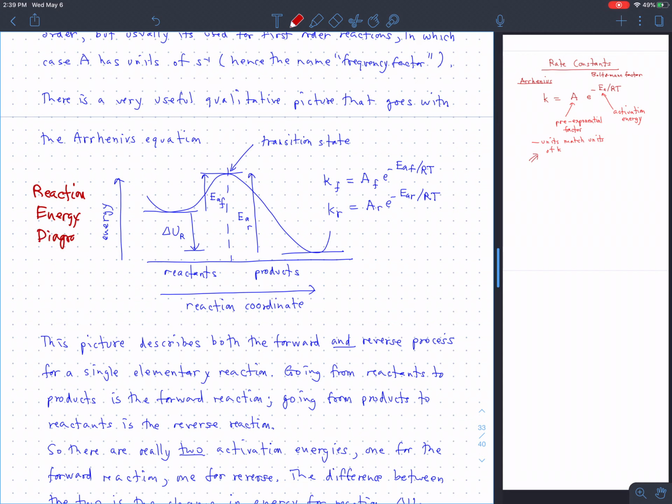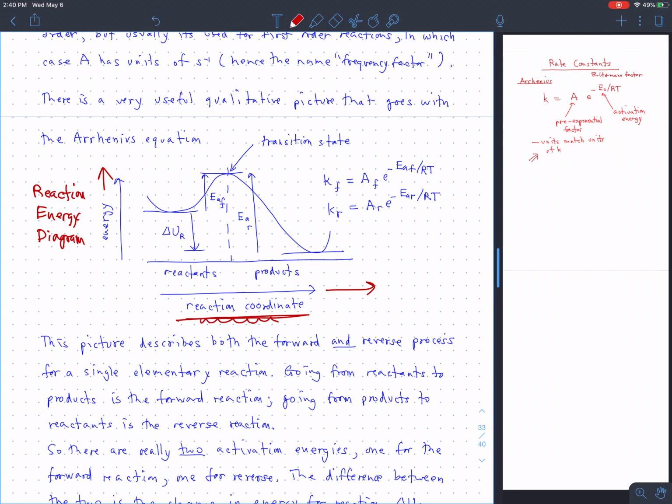What the reaction energy diagram has is energy on the y-axis, and something called a reaction coordinate on the x-axis. This reaction coordinate is essentially never well defined, at least outside of research settings anyway. In the literature, you'll see the reaction coordinate actually defined, but that's pretty rare. Most of the time nobody ever talks about what this really is.